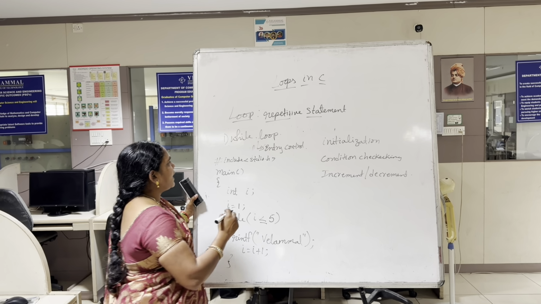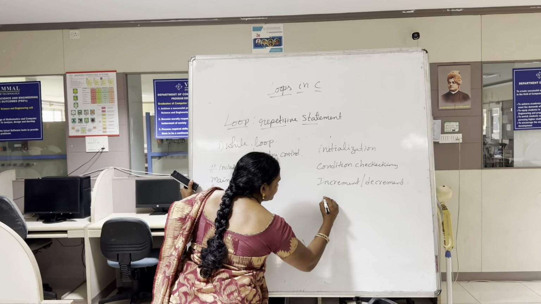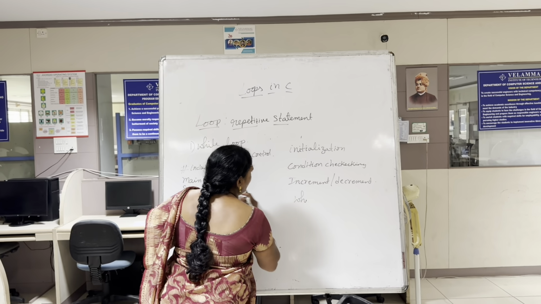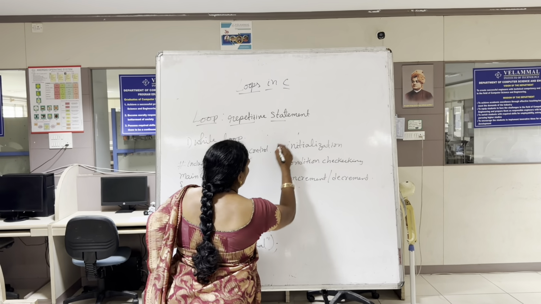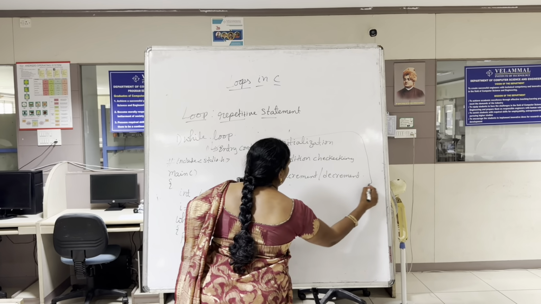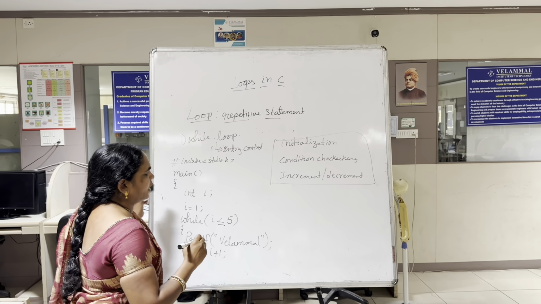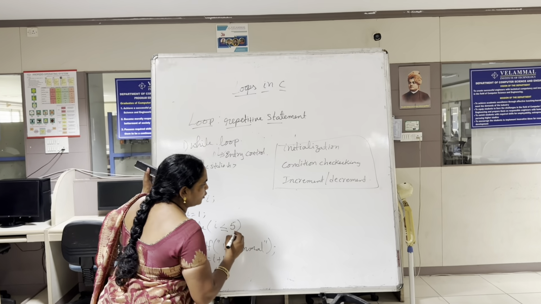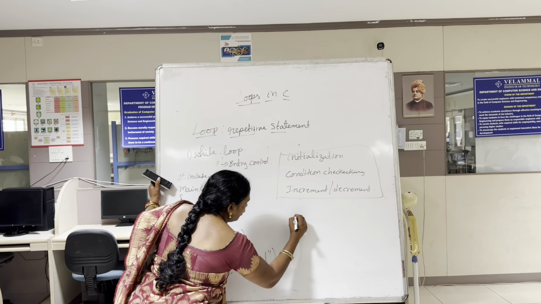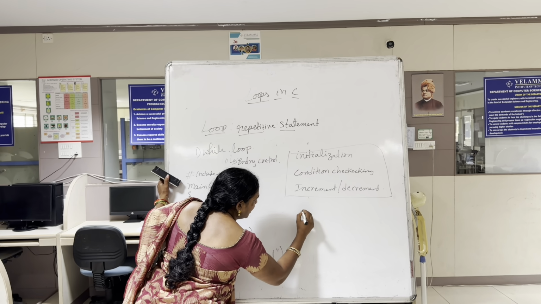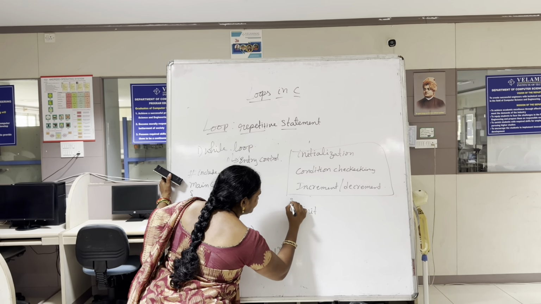Now the syntax of while loop is, we all know the 3 steps of looping statements to be followed: initialization, condition checking and increment or decrement. In the same order, first we will be going with the initialization.